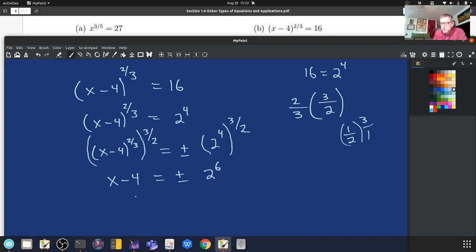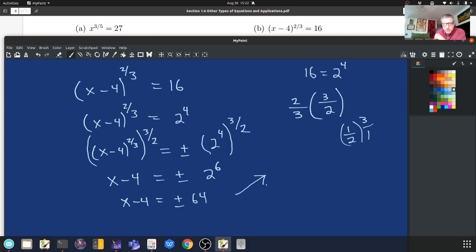Plus or minus 2 to the 6th. So 2 to the 6th is 2, 4, 8, 16, 32, 64. So x minus 4 is equal to plus or minus 64.